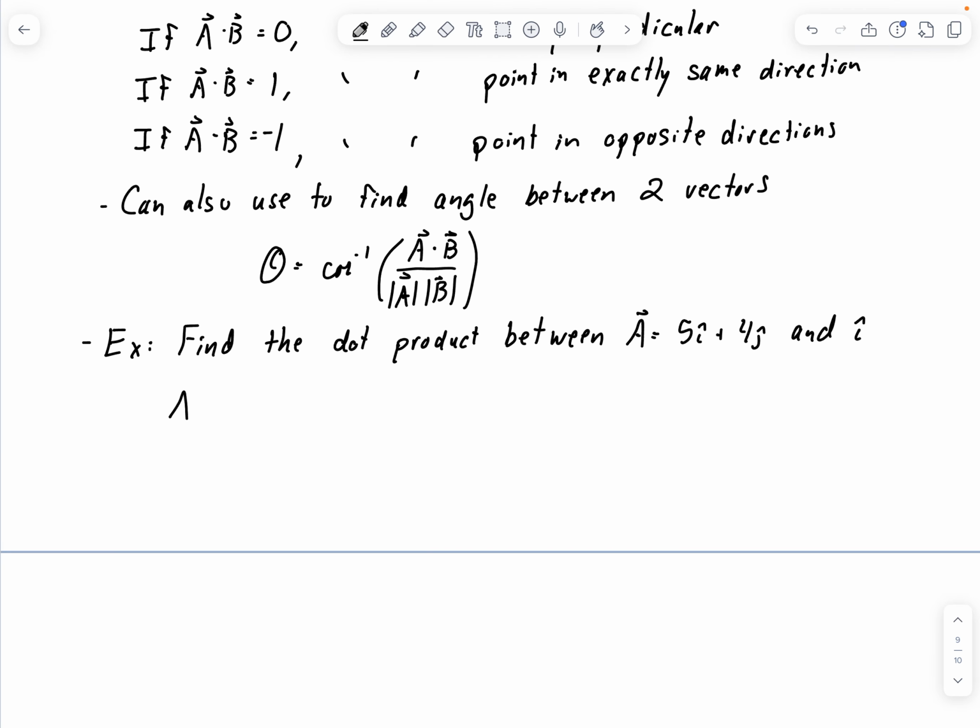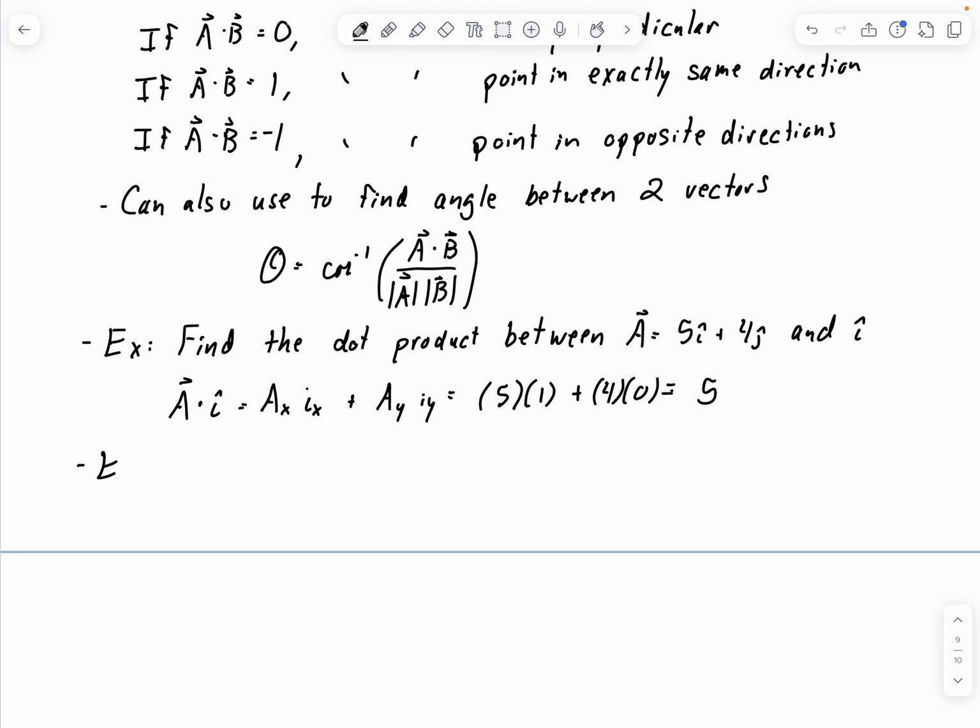So to do this, we have A dotted with I, and so we can simply multiply the x components together and add those to the y components. So the x component of A is 5, the x component of I is 1, the y component of A is 4, and the y component of I is 0. And so we find that the dot product is simply 5.